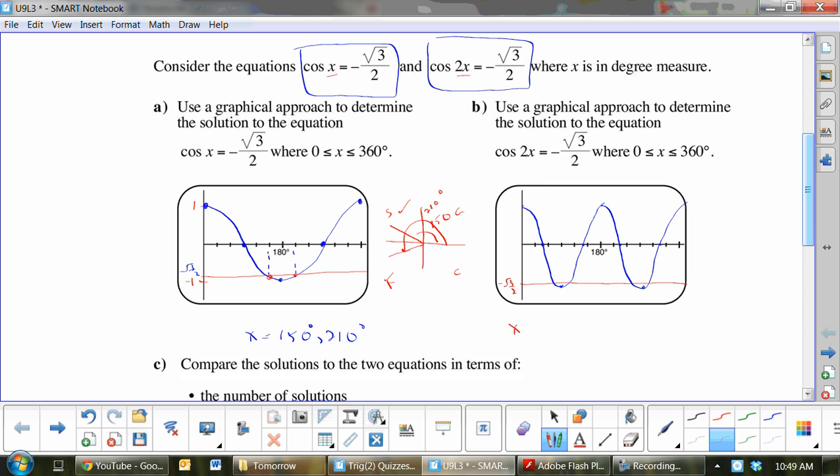First of all, how many answers do you get? There's 4 answers. Anyone know what the first answer would be? Even by looking at the graph, what do you think the first answer would be? Any educated guesses?